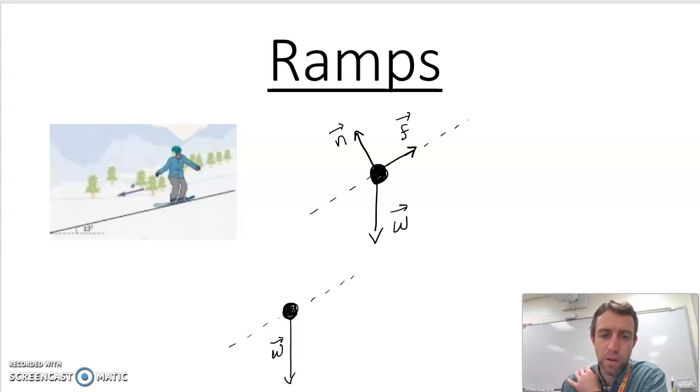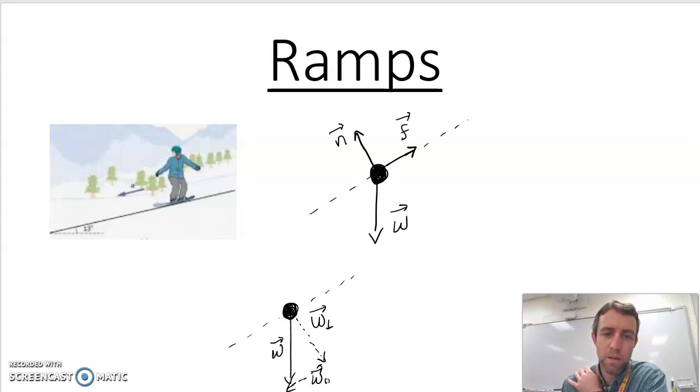I'll label that. And then the weight force has a perpendicular component to the hill and a parallel component to the hill. This perpendicular component, we call weight perpendicular, and we call this weight parallel.